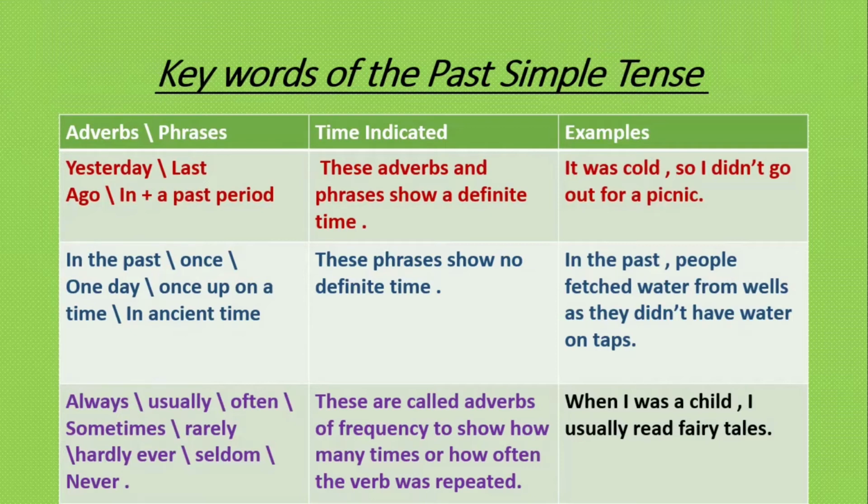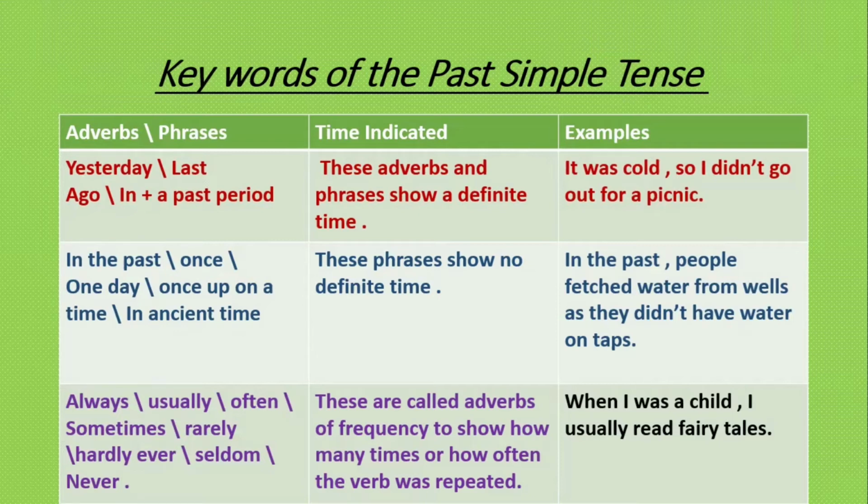And then we have some adverbs of frequency, like always, usually, often, sometimes, rarely, hardly ever, seldom, and never. These adverbs are called adverbs of frequency. We have used them before with the present simple. They are also used with the past simple to give habits in the past, repeated actions in the past.